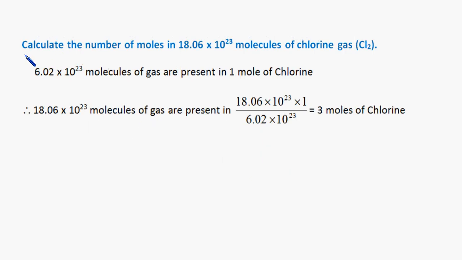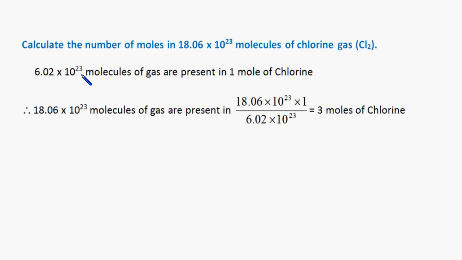Okay. In this next example, we have calculate the number of moles in 18.06 by 10 to the 23 molecules of chlorine gas. Okay, so we want number of moles again. So number of moles needs to be on the right hand side. Now, we know that 1 mole of a substance contains 6.02 by 10 to the 23 particles.